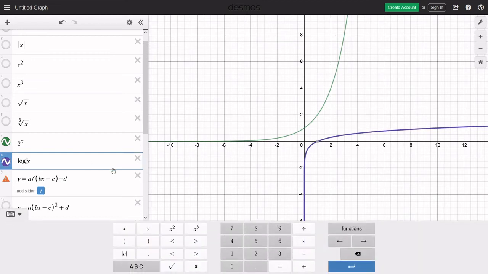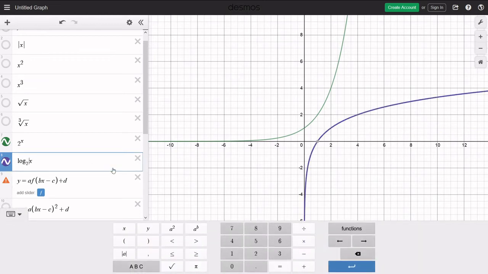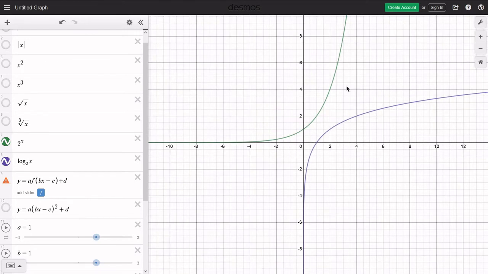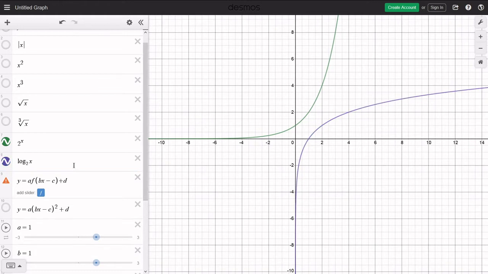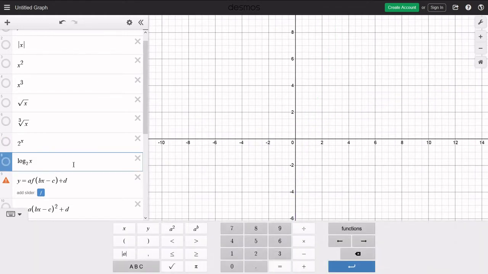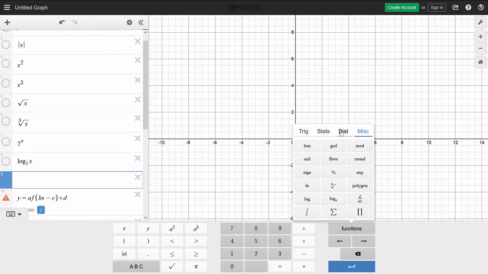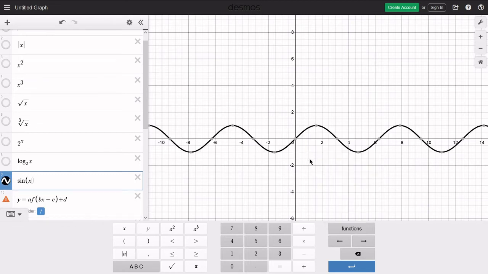If I took log base 2 of x, then you see that these two functions are actually inverses of each other. Again, you'll learn about that. But these functions we're not talking about yet. That's a later video. And then, of course, some more functions that we will not talk about in this class are trig functions, which are sine.